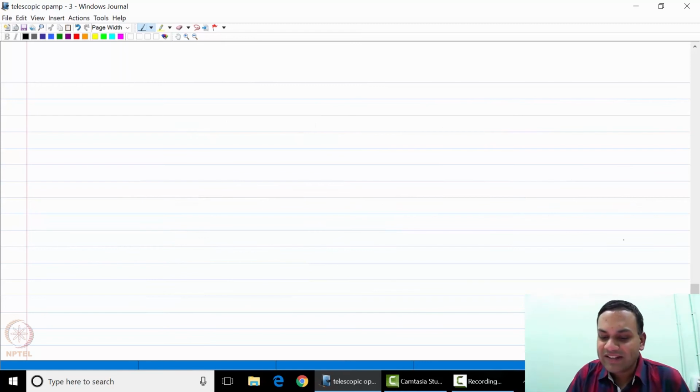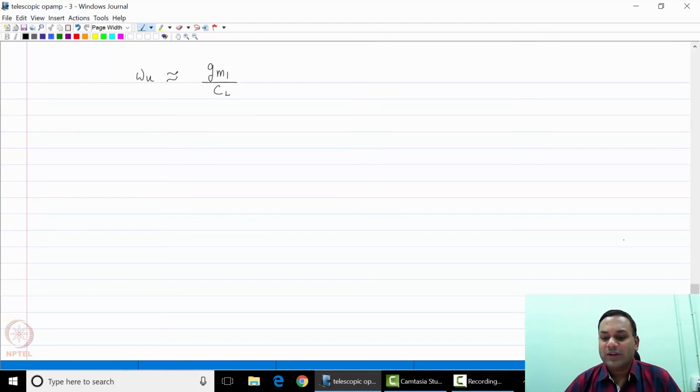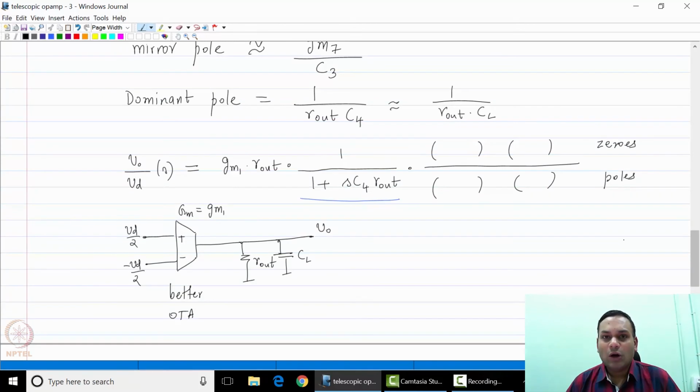So omega u should be, in an ideal case, equal to Gm1 over CL. As you can see, the R out of the system does not figure into the unity gain frequency of the loop, because the DC gain is also decided by R out, and so is the dominant pole frequency.